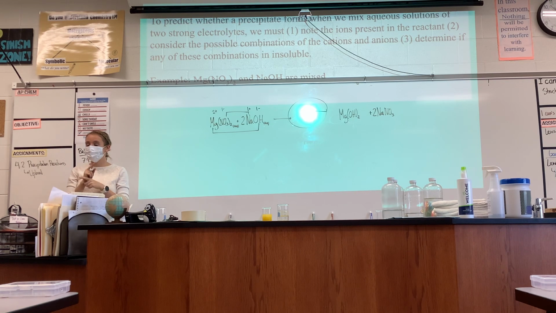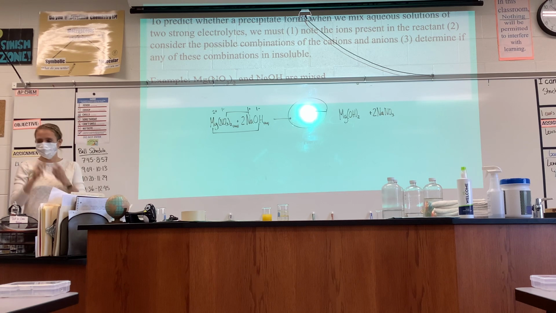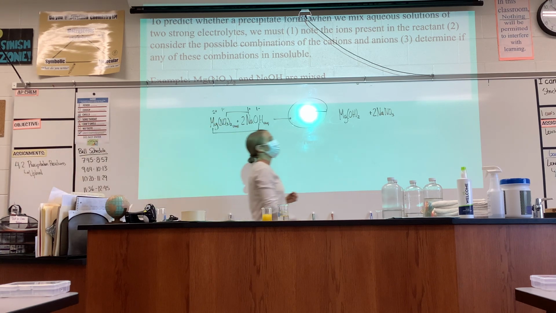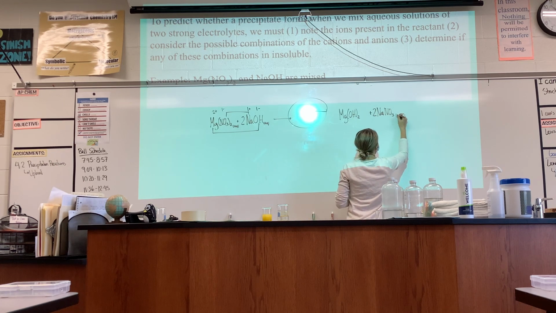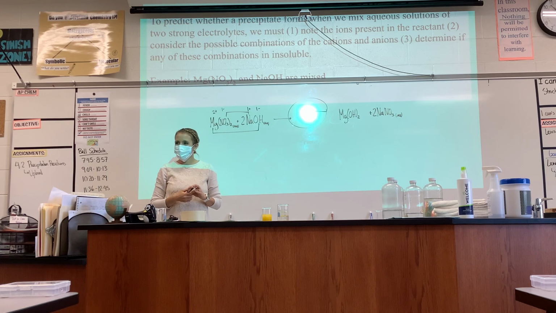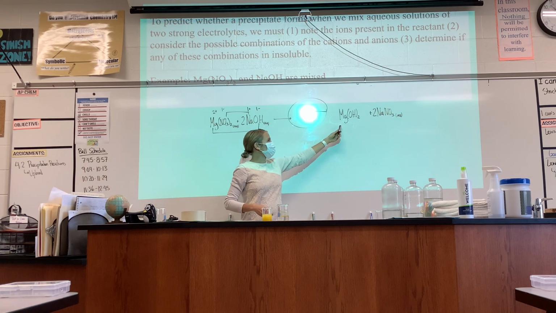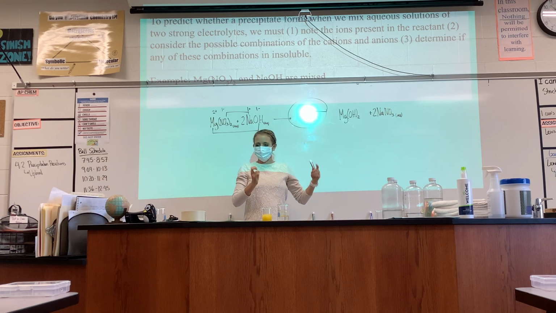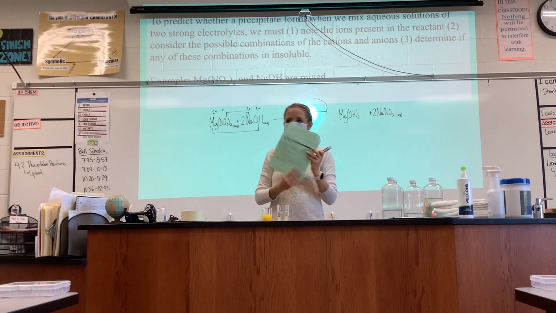Now our next step is to determine of the products, are they aqueous or are they going to be a precipitant and be solid? First off, based off the rule we're memorizing, which one is for sure aqueous? Sodium, yep, so put a little aq next to this one. Now this one's not in our memorized list, so go to your solubility rules with me, everybody.